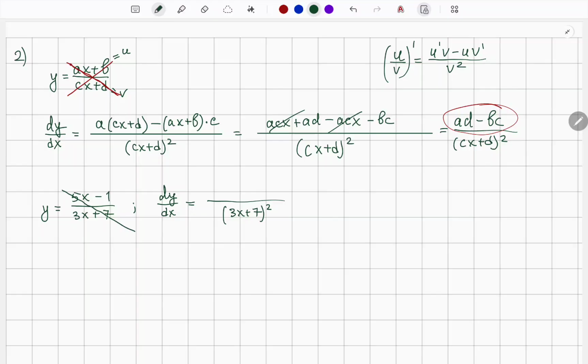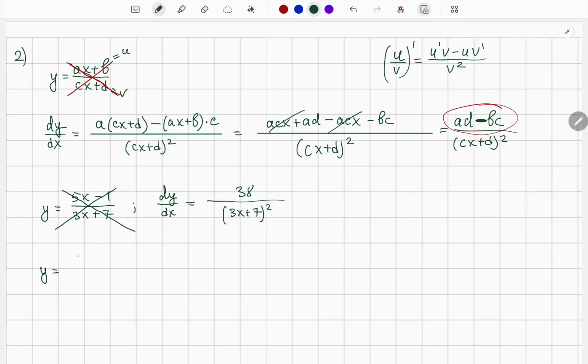Minus, there is a negative sign. It goes by the formula. But here, minus 1 is multiplied by 3. So 35 minus 3. So 38. That's it. So you can see how fast it is.